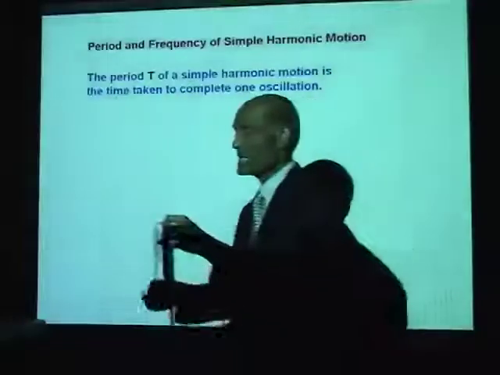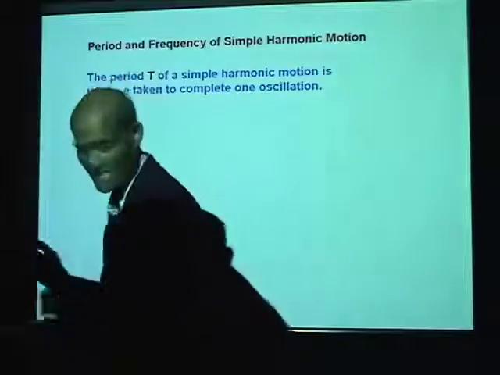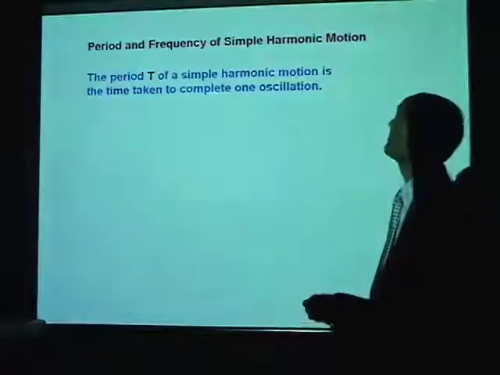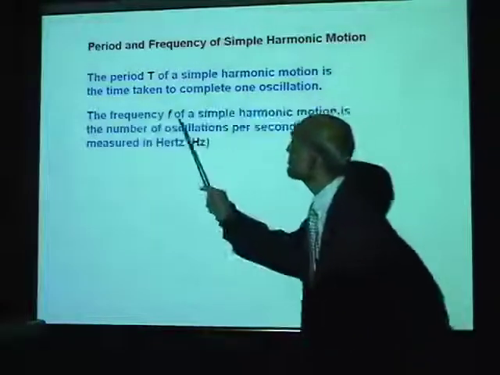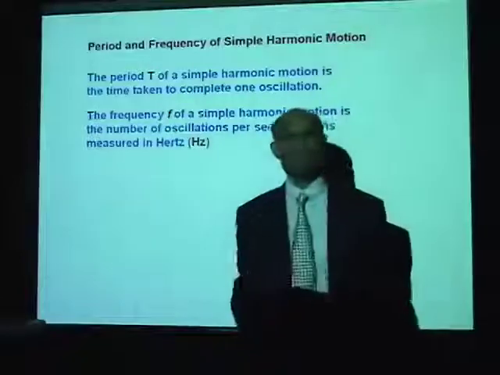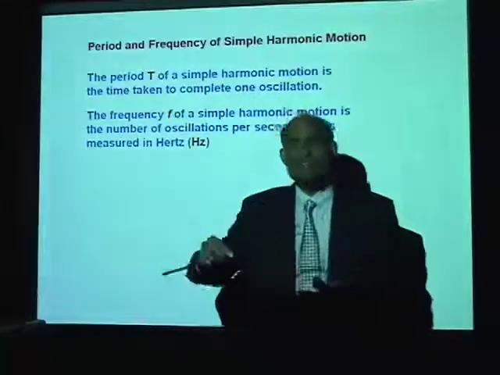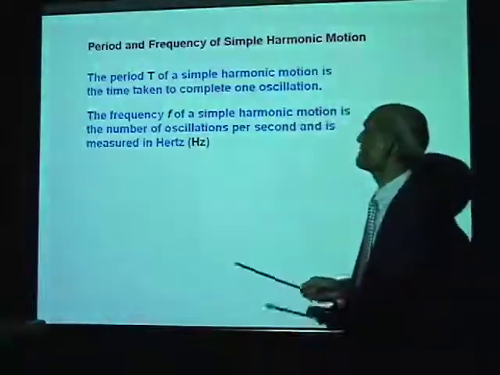So period T of a simple harmonic motion is the time taken to do one complete oscillation. Alright? Okay. How about the frequency? What does the frequency mean? How frequently does it happen? Frequency is the number of oscillations per second.